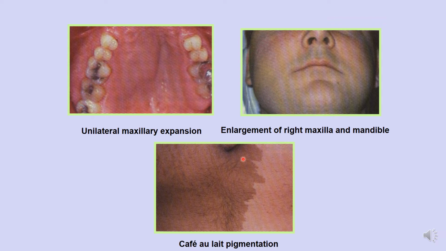So when you see irregular margins, then we are looking at Jaffe-Lichtenstein syndrome. If this cafe au lait pigmentation has smoother margins, then this is not Jaffe-Lichtenstein syndrome, but we're looking at something else, more commonly neurofibromatosis.